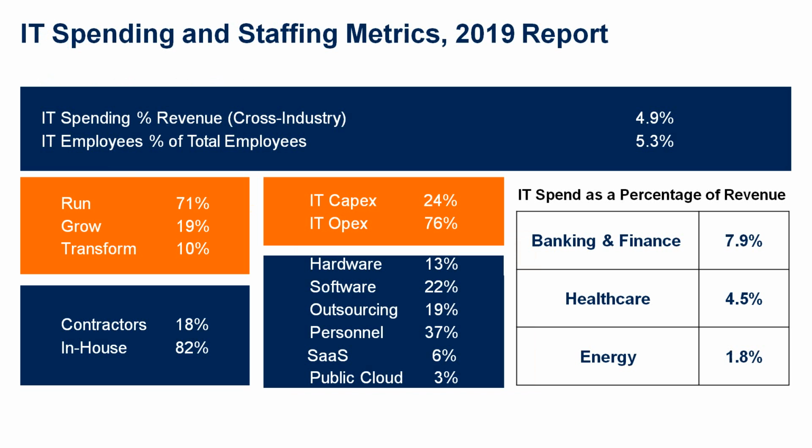And this is the general spend percentage over the revenue of the whole enterprise. Normally the IT spending over revenue across industries is 4.9 percent, and IT employee spending is about 5.3.